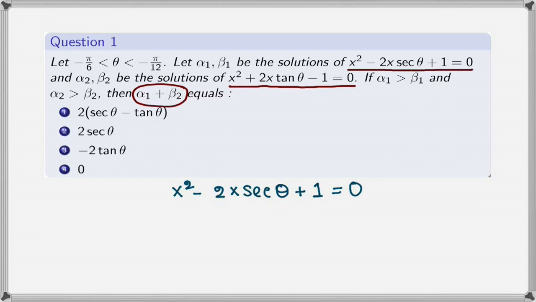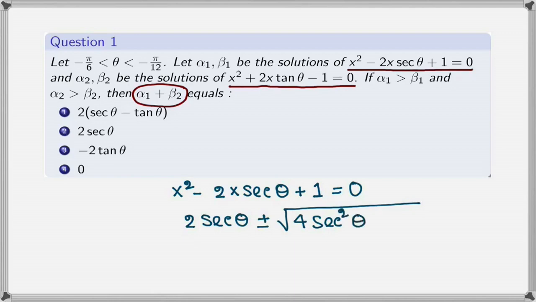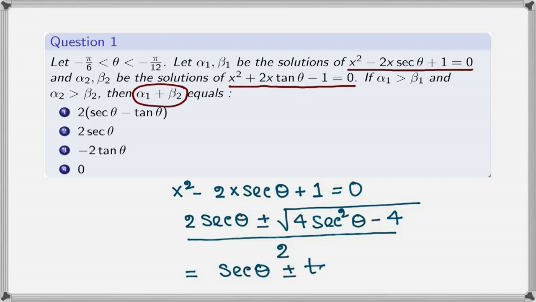And the solutions of this quadratic equation are 2 sec theta plus minus square root of 4 sec square theta minus 4 divided by 2, and this is equal to sec theta plus minus tan theta.